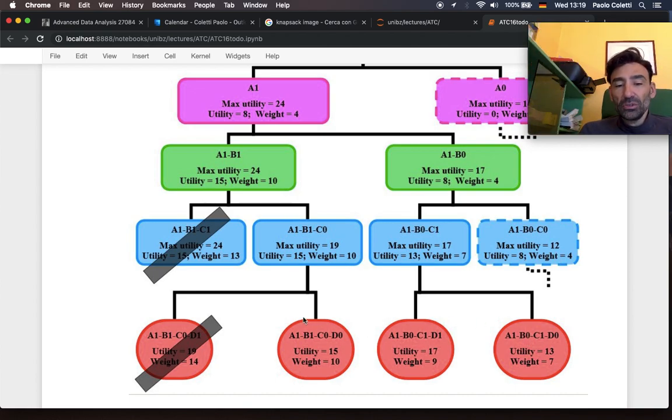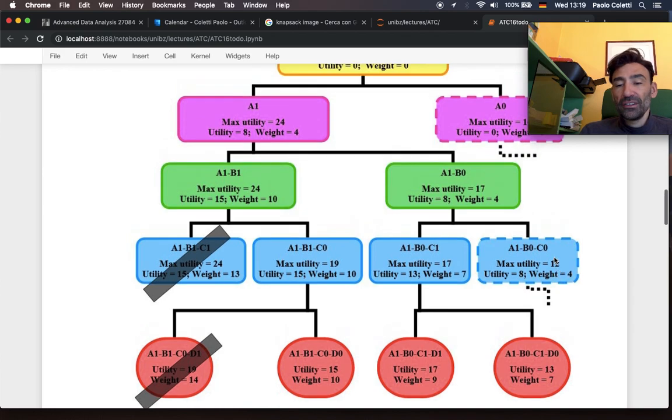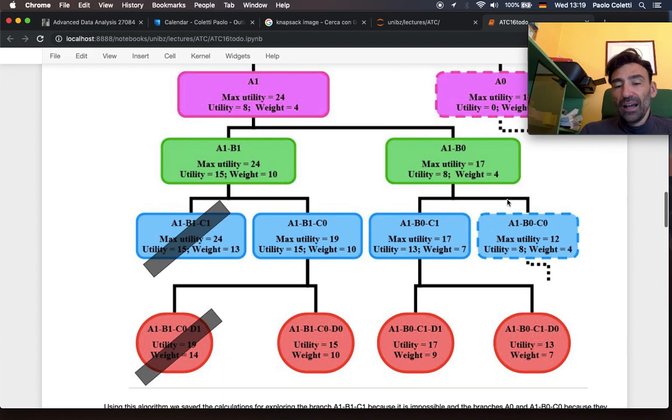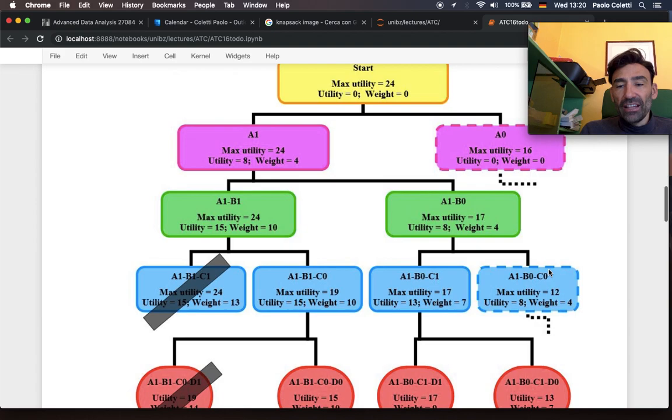And now the situation is: we have this leaf with utility 15, this leaf with utility 17, this leaf with utility 13, this open branch with maximum potential utility 12, and this open branch with maximum potential utility 16. Here the utility and the maximum potential utility correspond because it's a leaf, so you can't take any decision anymore, so your maximum potential utility is your utility. So we have 15, 17, 13, 12 and 16.